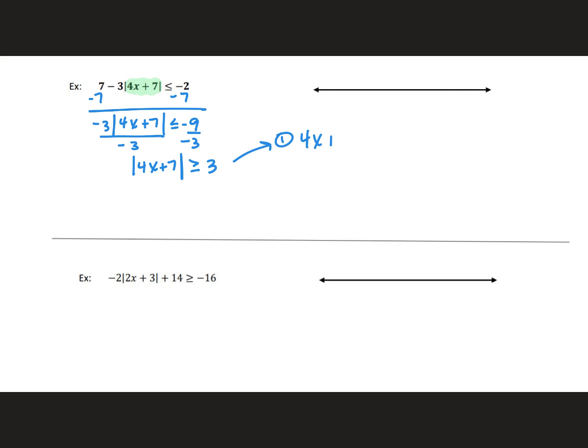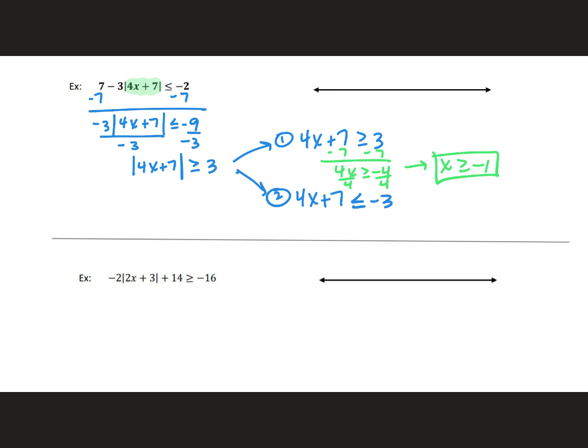So the first one, everything stays as is. And the second one, I flip the symbol and make the number the opposite. So in solving here, subtract 7 on both sides, I get 4x is greater than or equal to negative 4, divide by 4, and x is greater than or equal to negative 1.